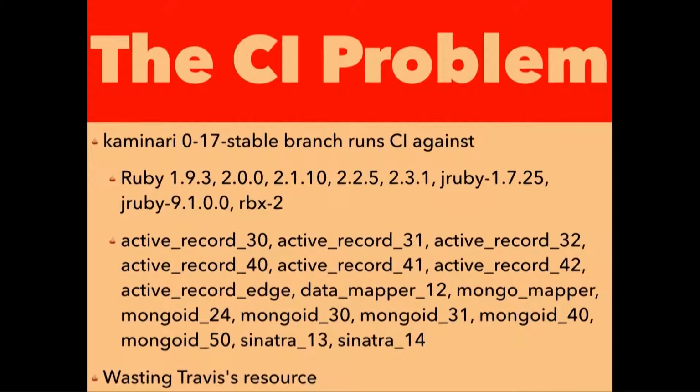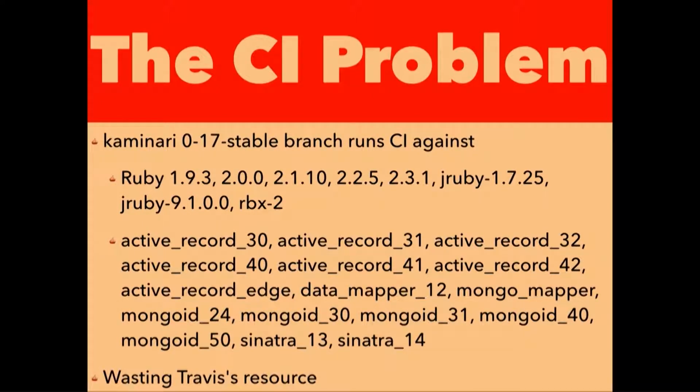So these are the platforms that Kaminari supports. It supports Ruby 1.9.3, 2.1, 2.2, 2.3, and 2.4, JRuby 1.7.9.1. And it supports Active Record 3.0, 3.1, 3.2, 4.0, 4.1, 4.2, and so on.